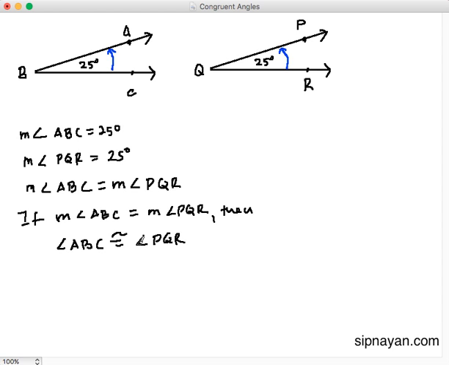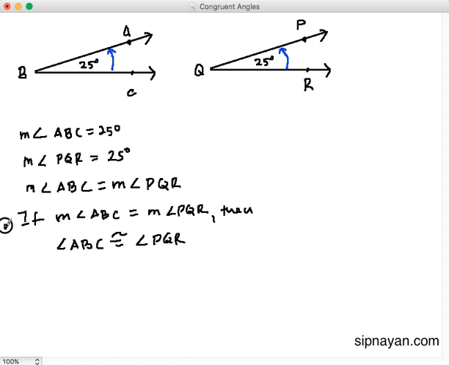Okay, kung napansin nyo, nawala yung M kasi pag ginamit natin yung M, we are talking about the measure, yung degrees. However, pag ito yung pinag-uusapan natin, ito yung Euclidean geometry na pinapatong mo siya para makita mo kung congruent sila. So, walang measure na pinag-uusapan dito.